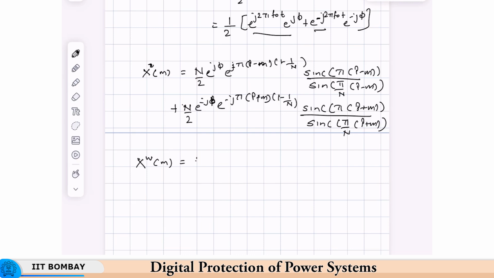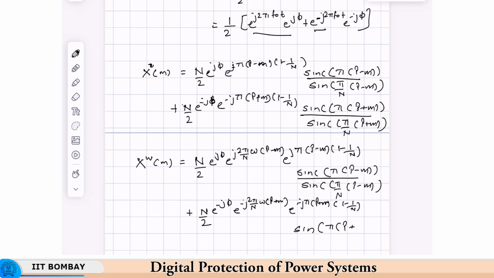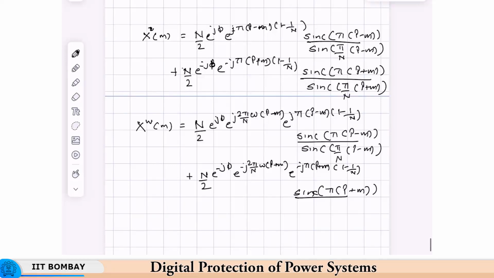In all this you will have one more term, everything else remaining the same: e raised to j 2 pi n w p minus m, times sinc of pi p minus m upon sinc of pi by n p minus m, plus e raised to minus j phi e raised to minus j 2 pi n w p plus m e raised to minus j pi p plus m, 1 minus 1 by n, sinc of pi p plus m upon sinc of pi by n p plus m.